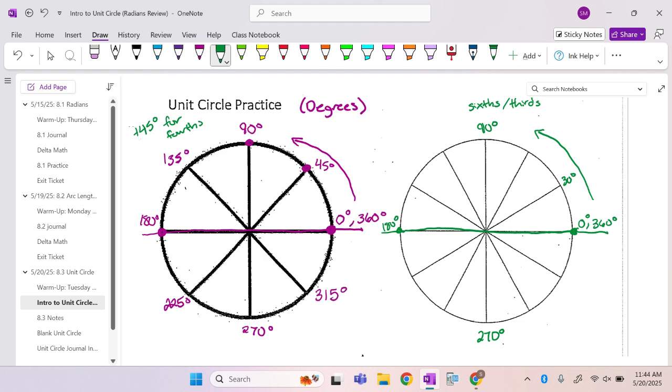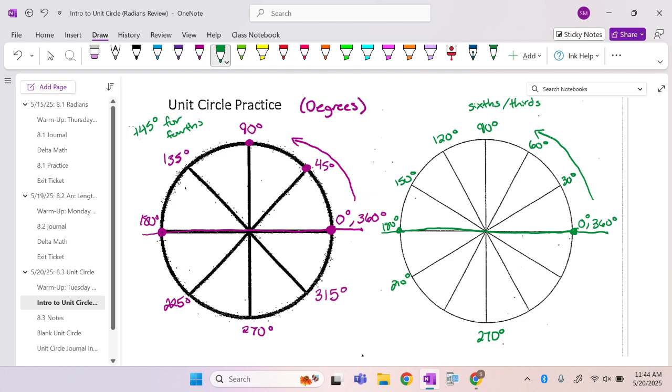What's 2/6 or 1/3? 60. 3/6 or 1/2 is 90. What about 4/6 or 2/3? 120. What about 5/6? 150. All right. And then 6/6 is 180. What about 7/6? 210.